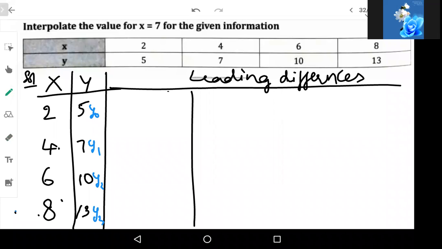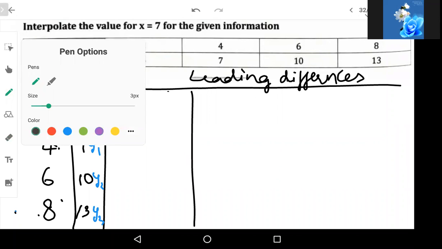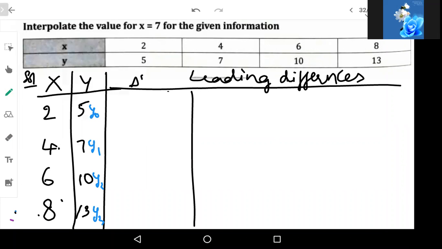The leading difference is written as triangle to the power 1. That will be the leading difference 1, or the first leading difference. Here we have to calculate the subtracted values. Firstly y1 minus y0, which means in between these two, 7 minus 5 is equal to 2.